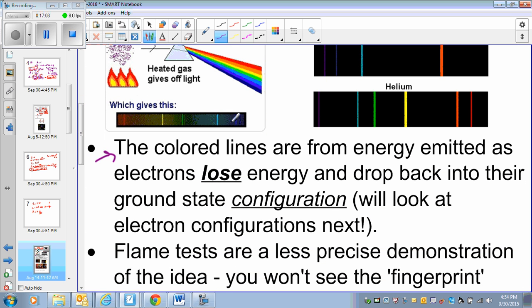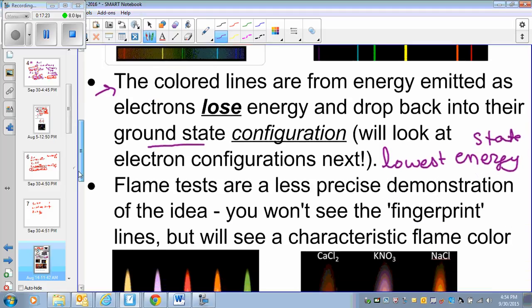So the colored lines that I see here are from the energy emitted when the electron drops back to its ground state. Ground state means the lowest energy state. So ground state is always energy level 1. Everything above energy level 1 is the excited state.